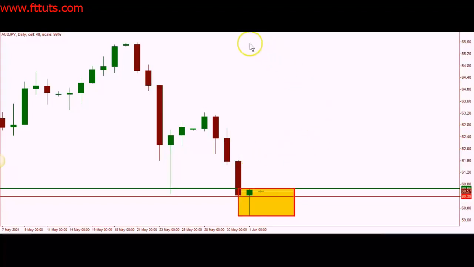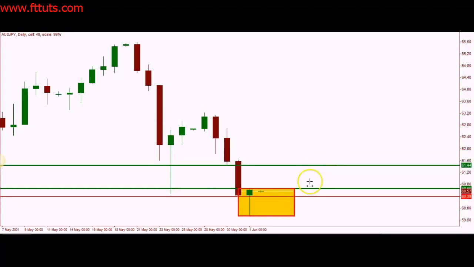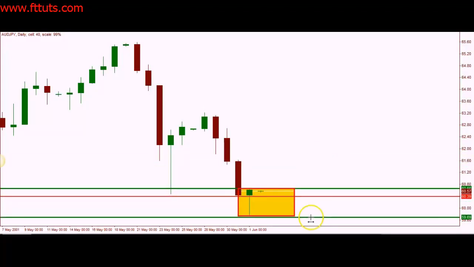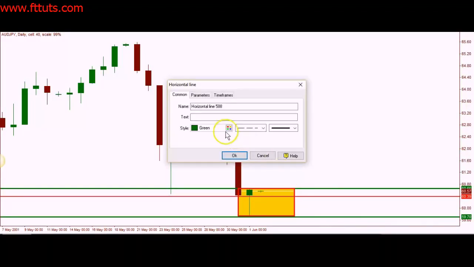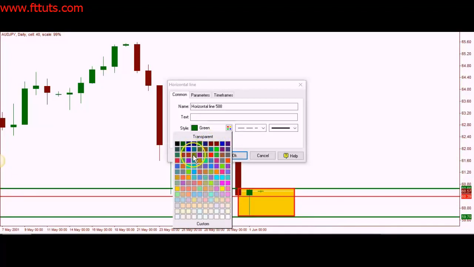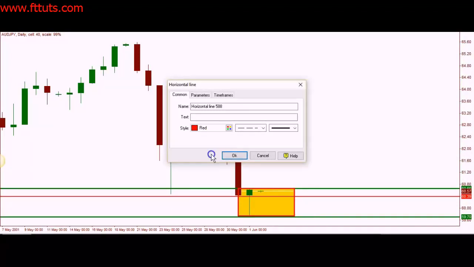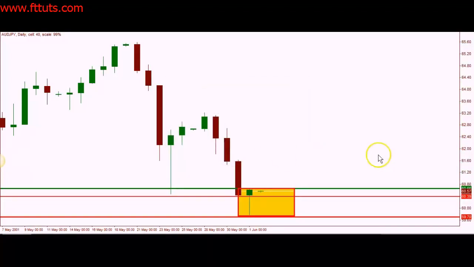And then we'll make our stop loss line red. So our stop loss should be a little bit below this wick of this candle. So we'll make that a red line also. Okay, so now my aggressive entry is going to be as soon as this level is hit.